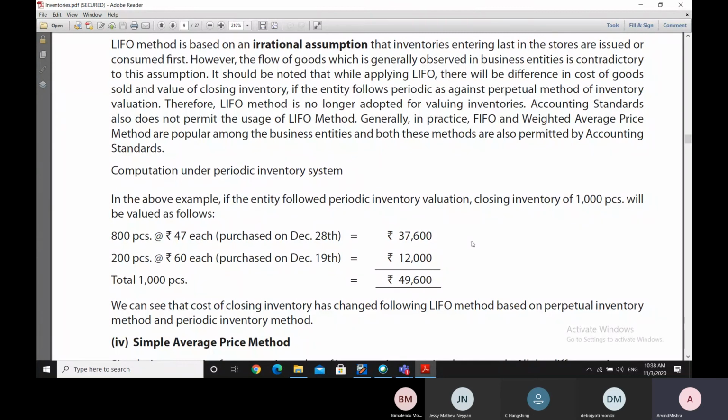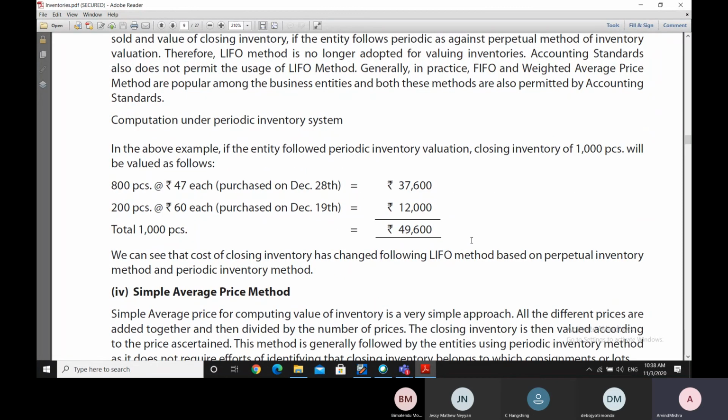As you can see, this is the FIFO method, and if we take the LIFO method, we can see that the cost of closing inventory has changed when we have followed the LIFO method based on the perpetual inventory method and the periodic inventory method.